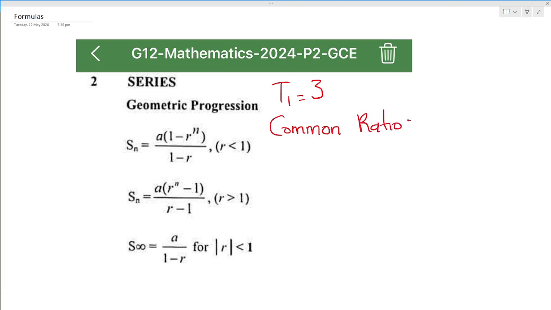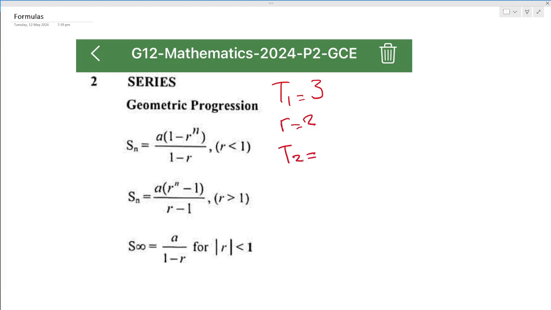Okay, and it is represented by a small letter r. Okay, that is what it is called in GP. So now, let's say we've been told to say the common ratio is 2. Find term number 2.